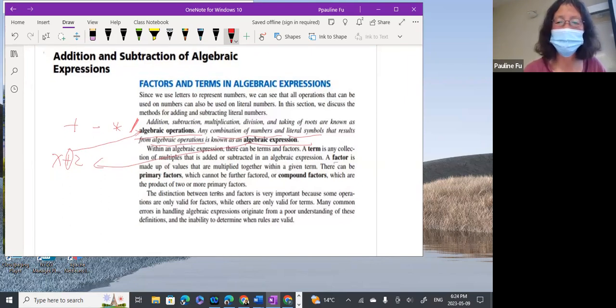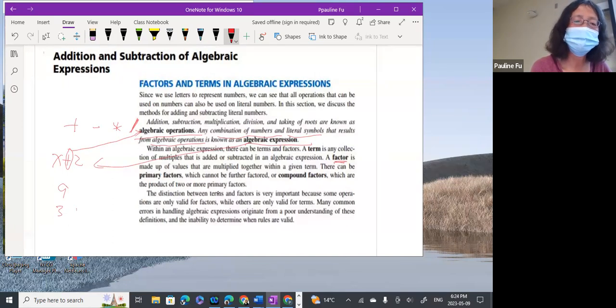Next concept is factor. What is a factor? A factor is made up of values that are multiplied together to give a number. So for example, I give you the number 9. 3 is a factor of 9.